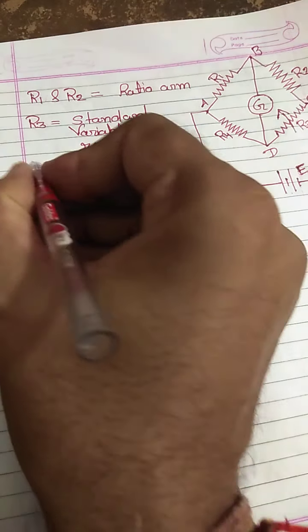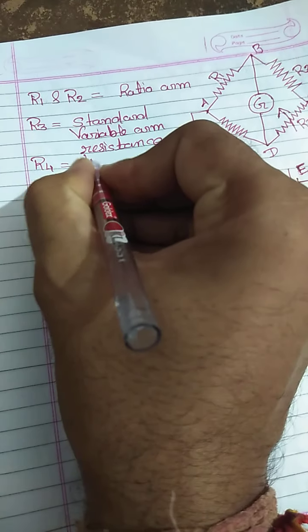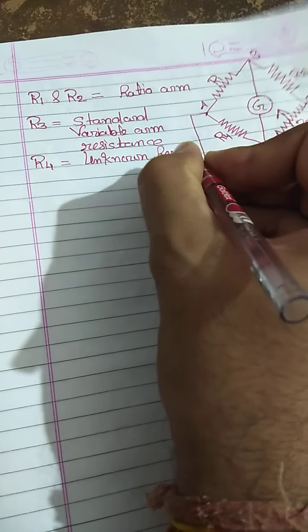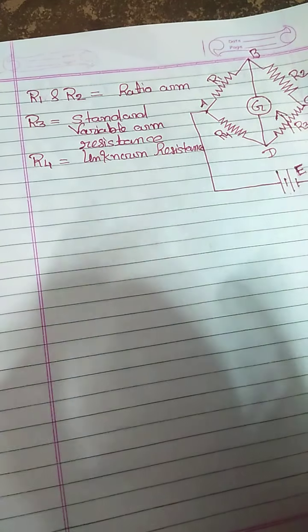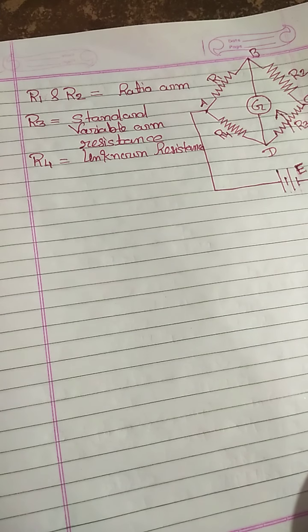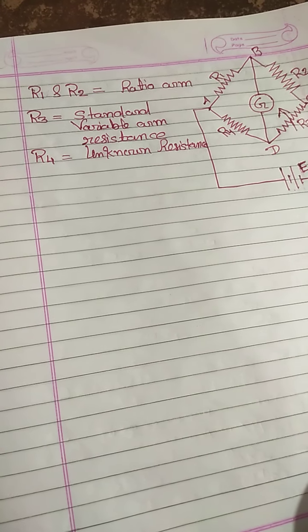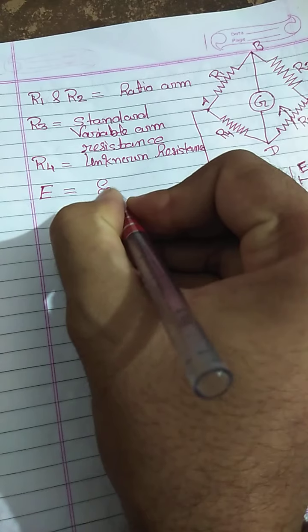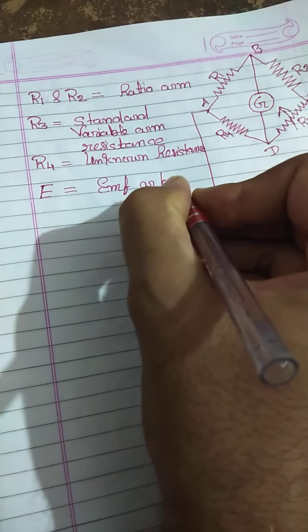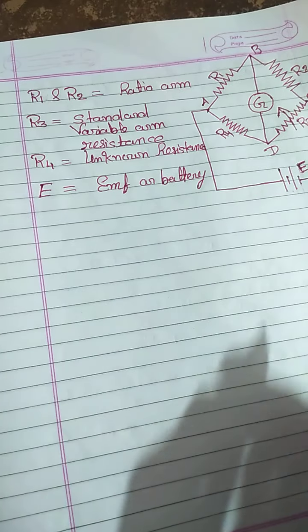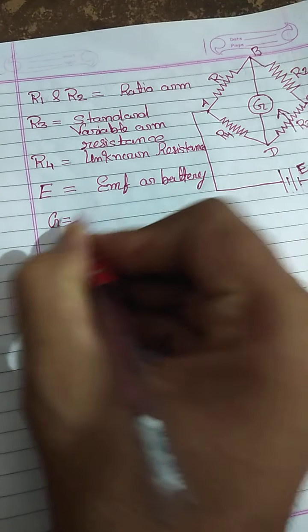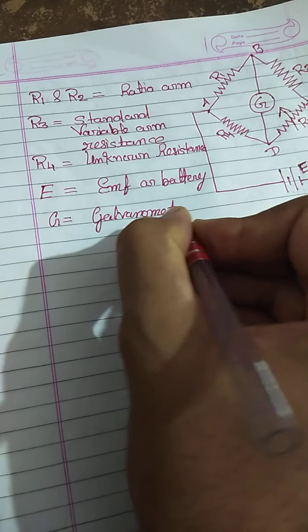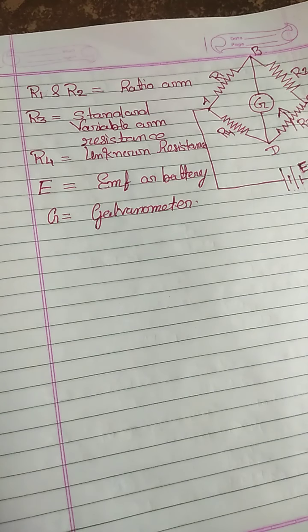R4 is the unknown resistance which has to be measured. E is the EMF or battery which supplies the bridge, and G is the galvanometer for null detection.